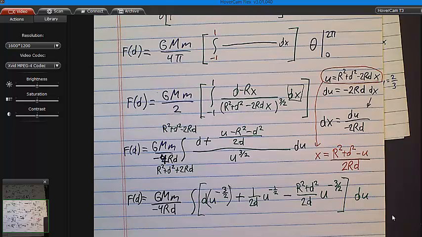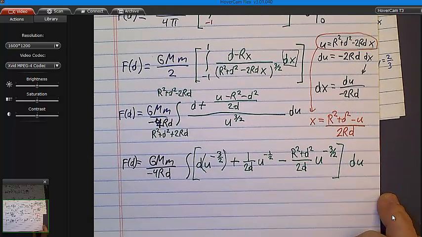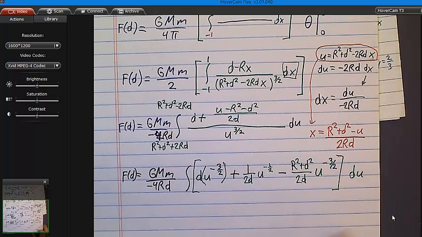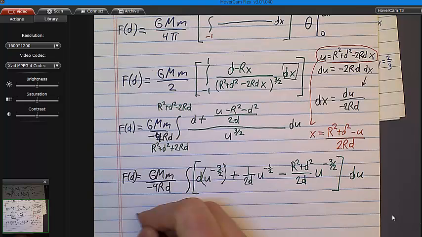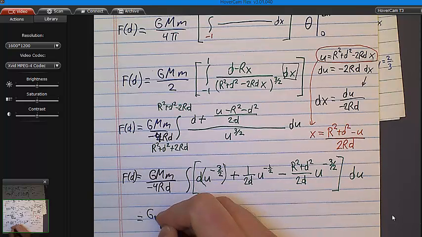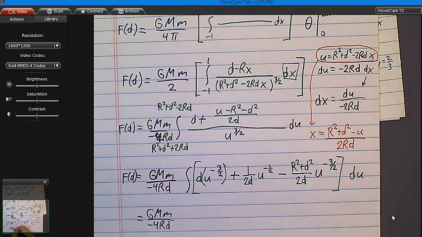So now we integrate. And we get what? Okay, we still have this fraction, GMM times negative 4RD. When we integrate, this becomes U to the negative 1/2 times negative 2, right?